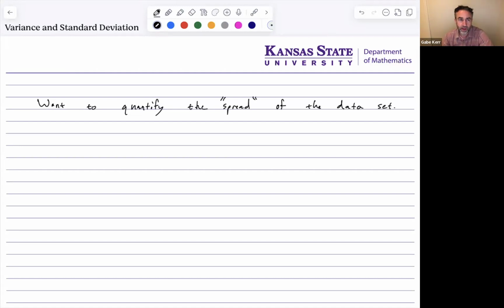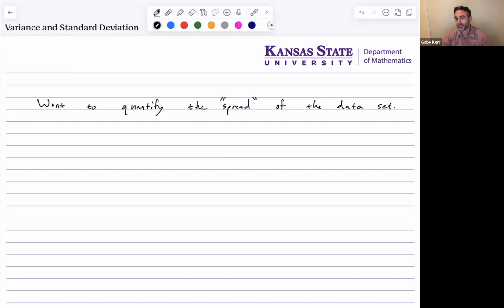Data sets can be very complicated. You can have them completely spread out evenly. You could have them all clustered really close to their average. You could have a bunch on one side and a bunch on the other side. So there are a lot of different ways the data could be laid out.